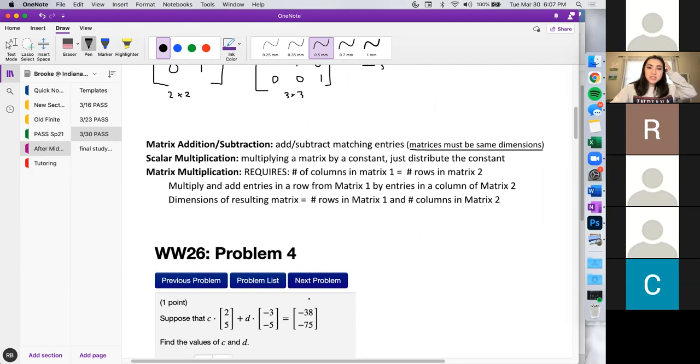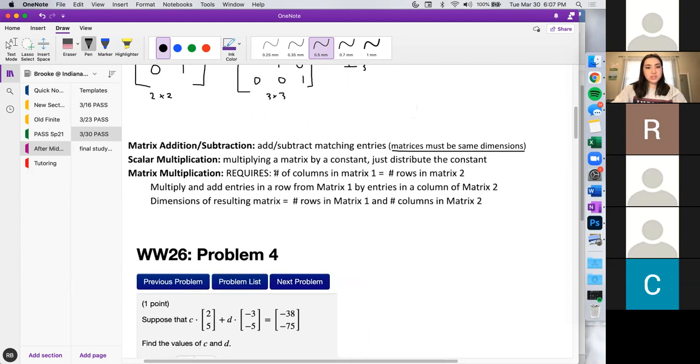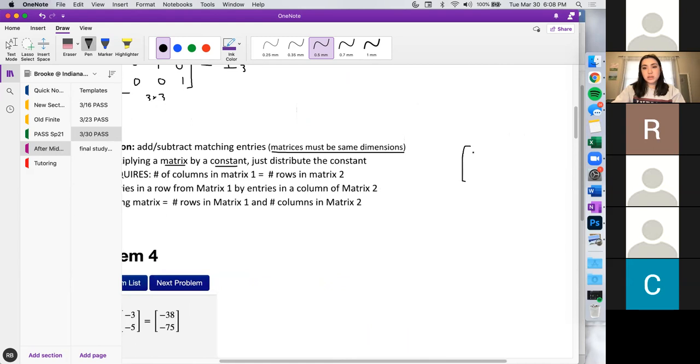Scalar multiplication is also quite easy. It's multiplying a matrix by a constant, and essentially you distribute the constant. So if I had a matrix like this, I can take any number out here, multiply it by a matrix, and then just distribute that 1/2.